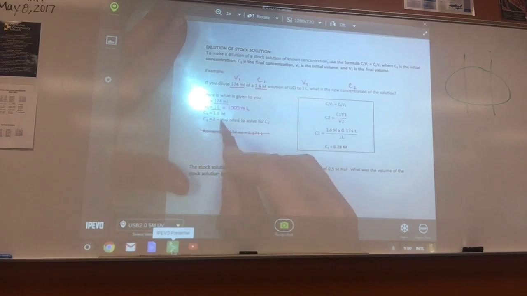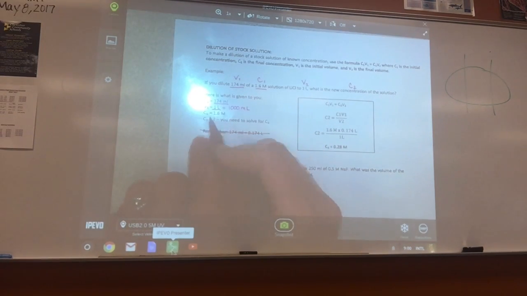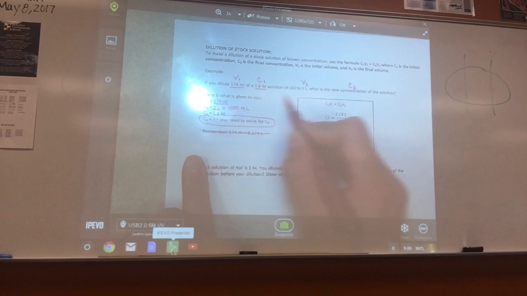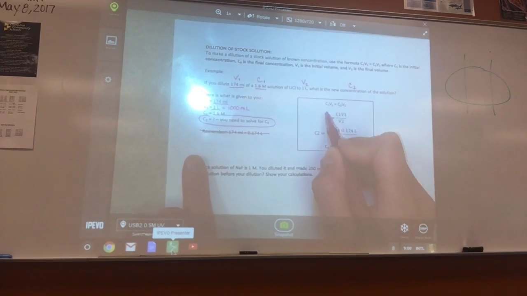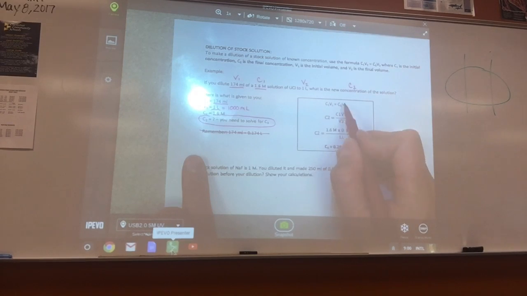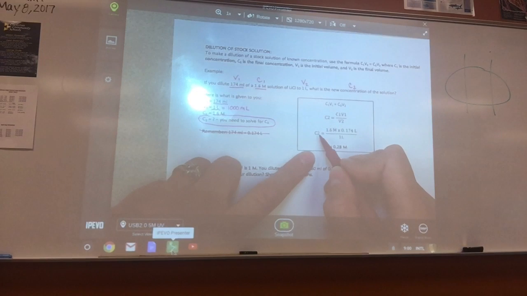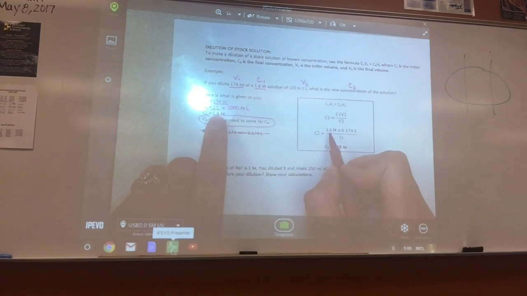All right, and so then we're solving for C2. That's the one where we want to know what it is. So they take that equation and manipulate it so that you're solving for C2. You divide by V2 on both sides, and so this is our equation. We plug in our numbers, so 1.6 molar, and then I'm going to change this to 1,000 milliliters.